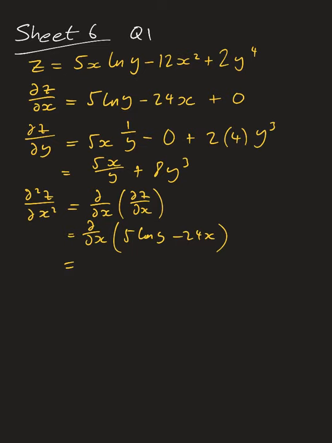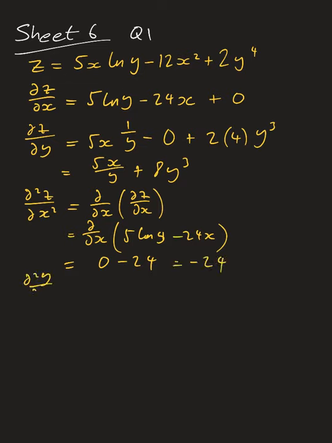So I differentiate 5 log y with respect to x while treating y as a constant. There are no x's in that, so it goes to 0. Minus 24x just becomes minus 24. So that's equal to minus 24.